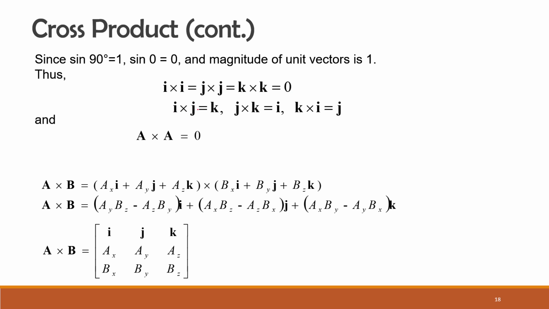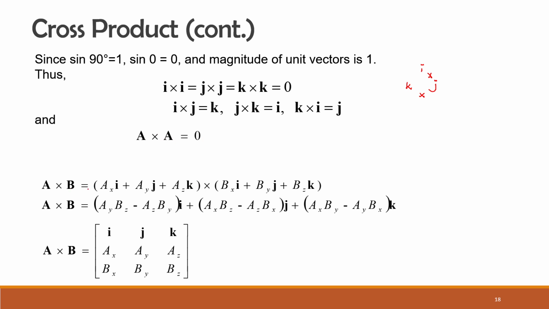Following the sequence I, J, K: I cross J gives K, J cross K gives positive I, K cross I gives positive J. You can put them in a circle: I cross J is K, J cross K is I, K cross I is J. And A cross A is 0.